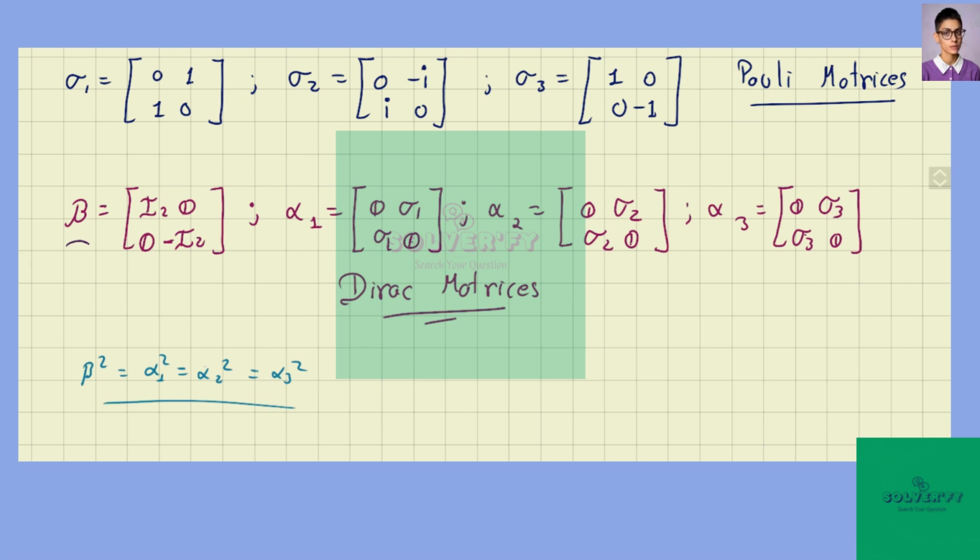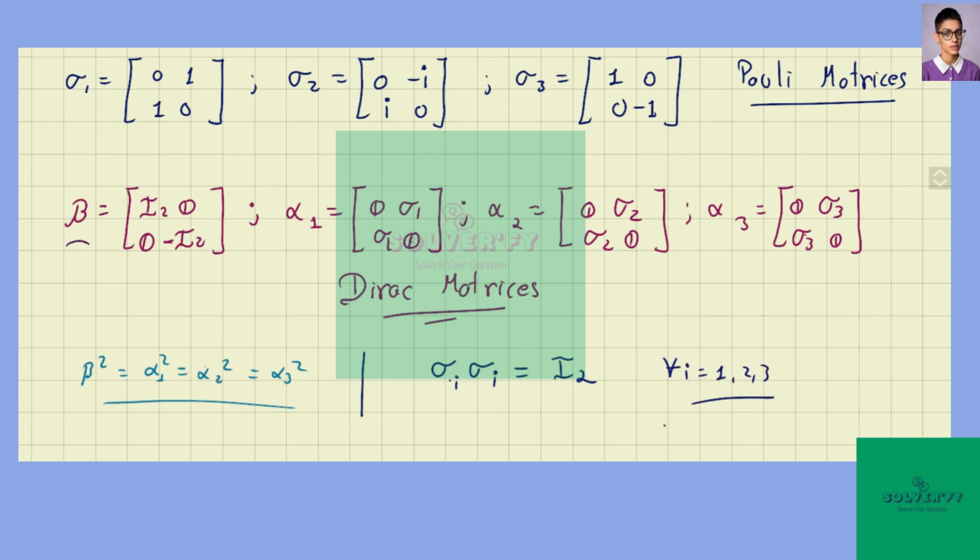In order to do this, let's remember that the Pauli matrices follow some properties. If we take two Pauli matrices, sigma i and sigma i, this is going to return the identity matrix 2 by 2, for all i from 1 to 3.